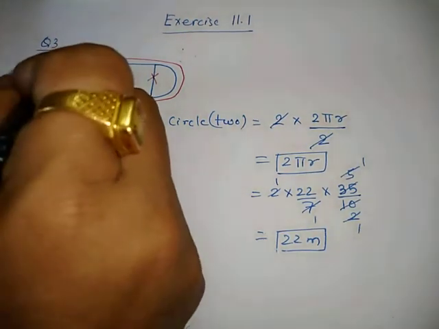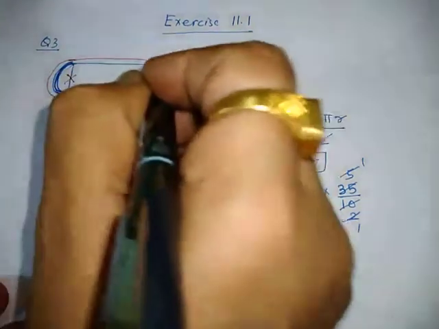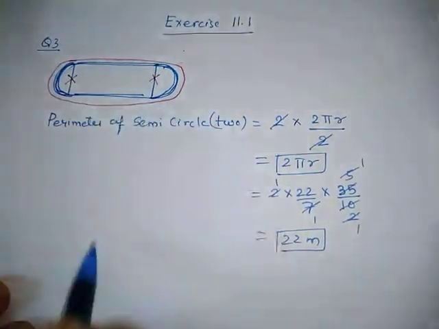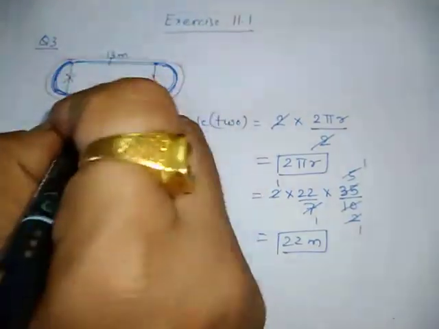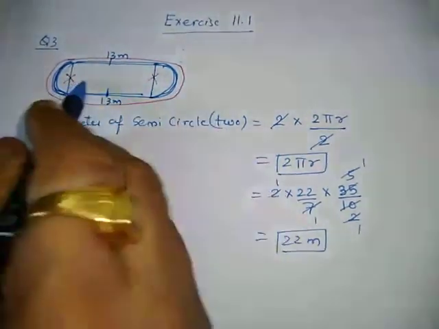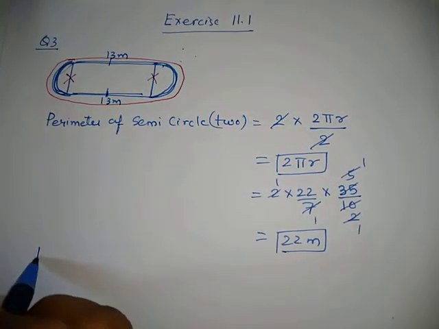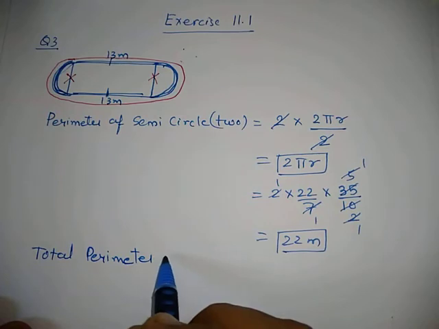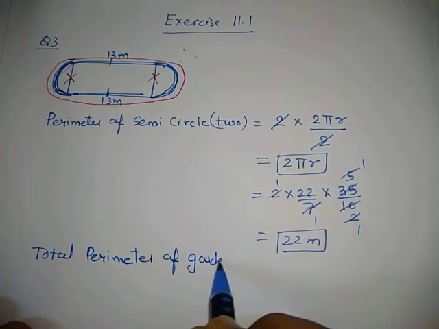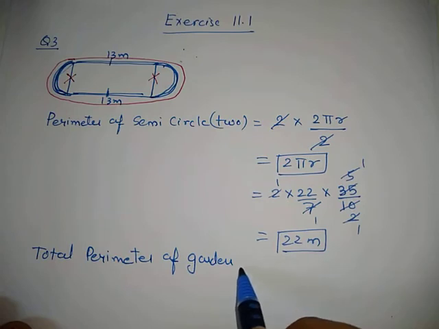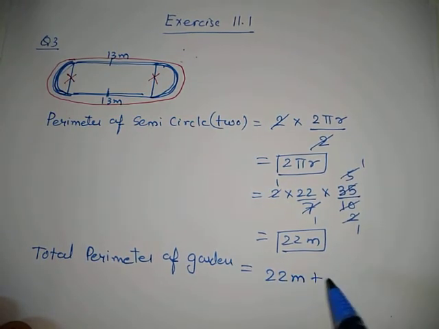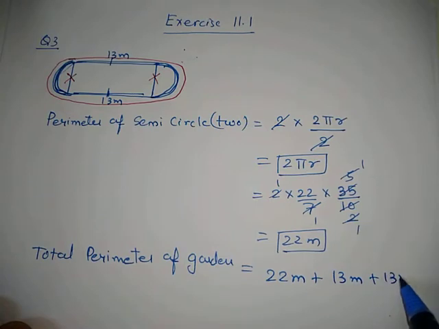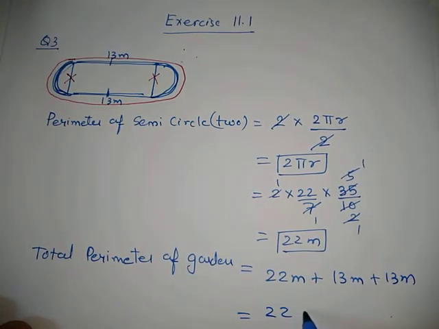So this much perimeter we have found, and this much also we have found. Now we just want to add these two parts. So this is 13, this is 13. The total of both is found. So the perimeter of the garden is equal to 22 meters plus 13 meters plus 13 meters. So 22 plus, adding these two, 26 meters.